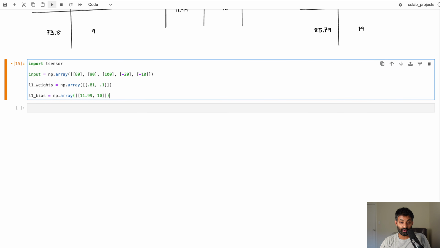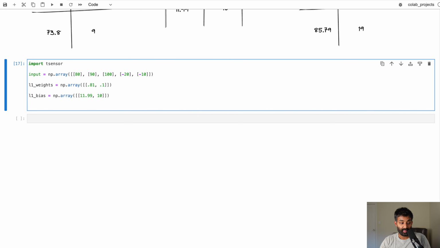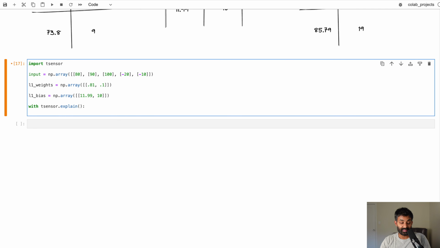So this will be another 1x2 matrix. You don't need the tsensor.explain part. I'm just using this to generate a diagram of the multiplication. But the matrix multiplication part is down here. So we're going to say input @, which is the matrix multiplication symbol in Python.